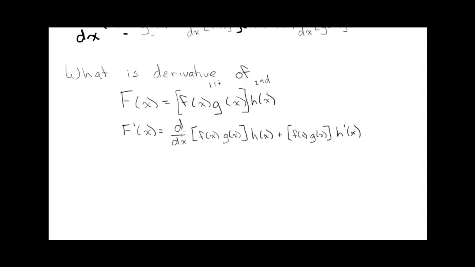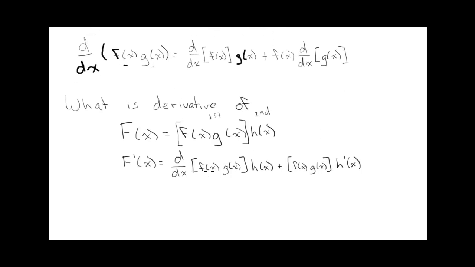Now what is d by dx of f at x g at x? Well, we had that written down up there. That's the product rule. It would be equal to the derivative of the first times leave the second, plus leave the first times the derivative of the second.